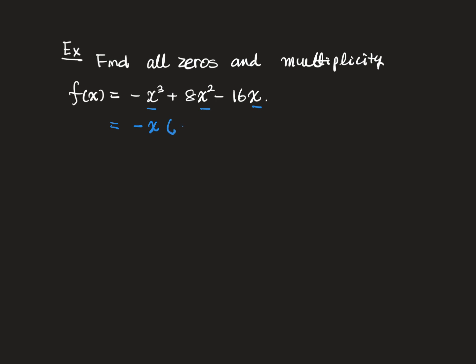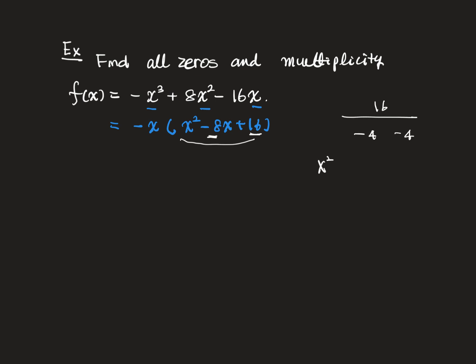I take it out, leaving x squared minus 8x plus 16. Then you factor this one, right? You have 16, and the AC method gives you negative 4 and negative 4.